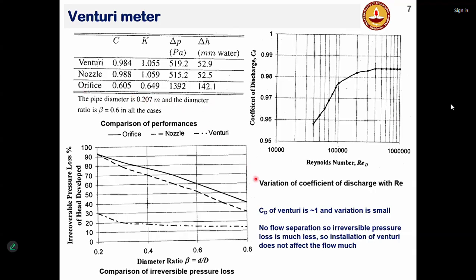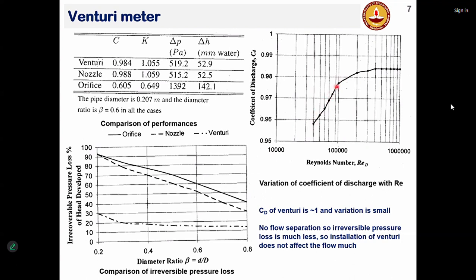And another thing to notice here is that the coefficient of discharge is varying with the Reynolds number, as you see here. So you have Reynolds number on this axis and coefficient of discharge on this axis. So you can see that initially the coefficient of discharge increases with Reynolds number.